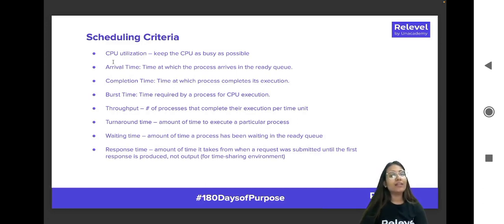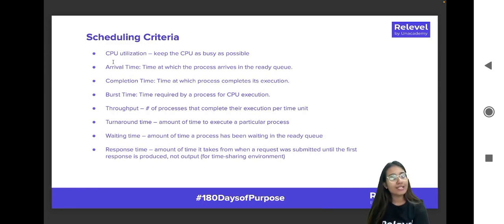Along with that, the time at which the process arrives in the ready queue is known as arrival time. Okay, we'll take a deep look at these timings as well. We'll just take an overview over here. Completion time is the time at which the process completes its execution. The burst time is the time required by a process for the CPU execution. How much time do you require the CPU for, basically the time required.